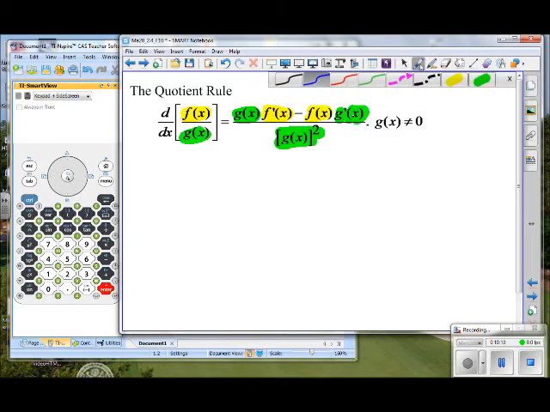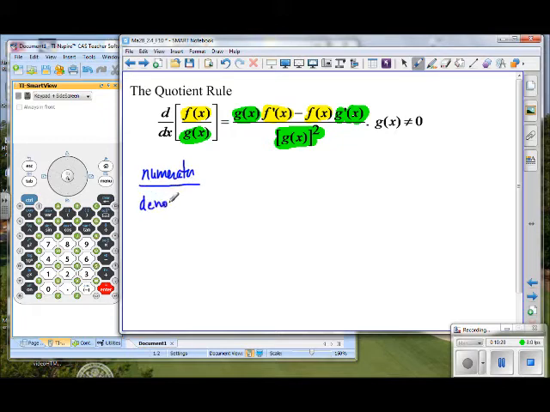Now this is one of those rules where it's very easy to get tripped up on it, so I'm going to try and give you a couple of ideas on how to remember this. In a fraction, you have what's called a numerator. That's the top part. And we have then the denominator. That is in the bottom half of that fraction. When we start our quotient rule, which of these do we start with?